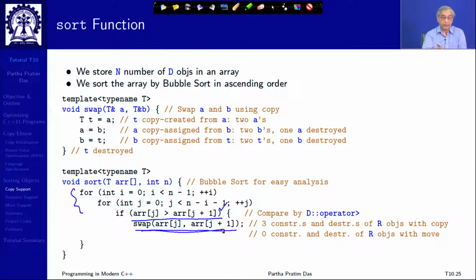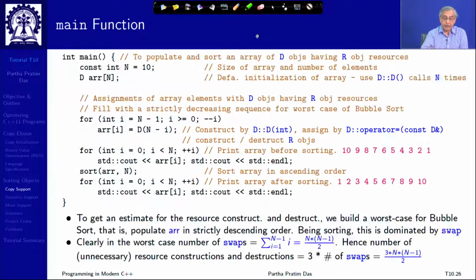will be called. If I put a little algorithm analysis into this, in every loop how many times it happens depends on the value of i, and it goes from 1 to n minus 1. Hence, the total number of times the swapping will be done is n into n minus 1 by 2.